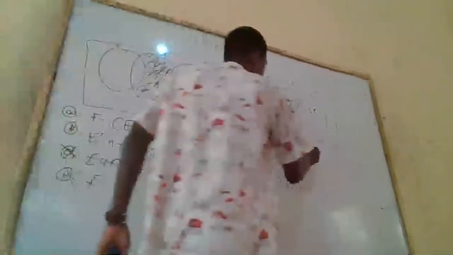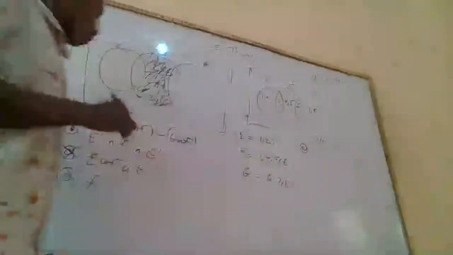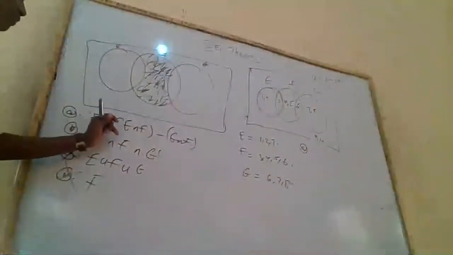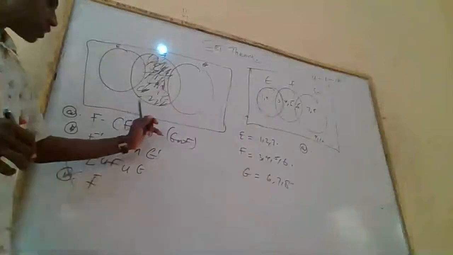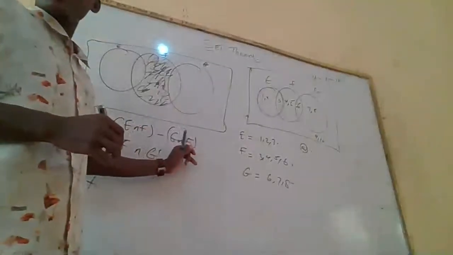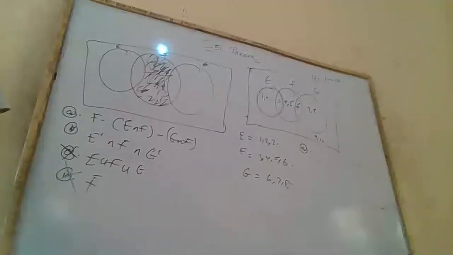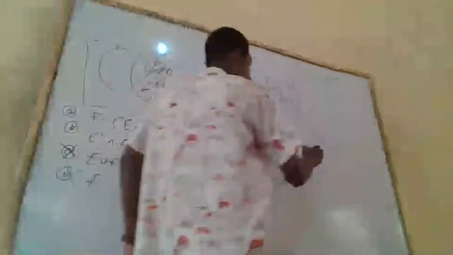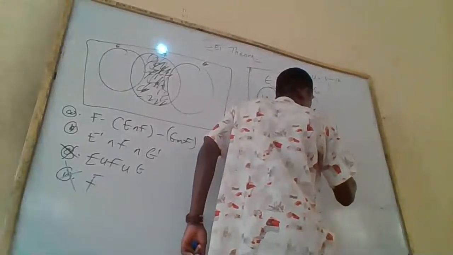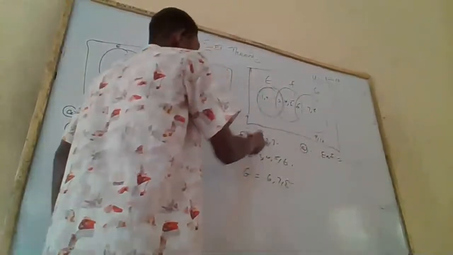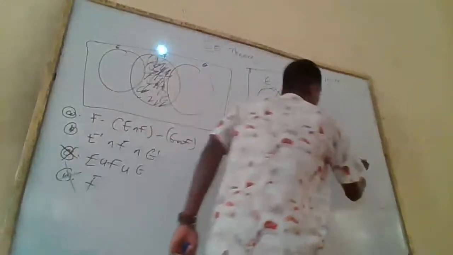Let's do question number 1. Let's start with A. F minus E intersection F, minus G intersection F. Now, the first thing I need to do is find what is E intersection F and what is G intersection F. Are you with me now? What is E intersection F, please? What is common between E and F? 3.